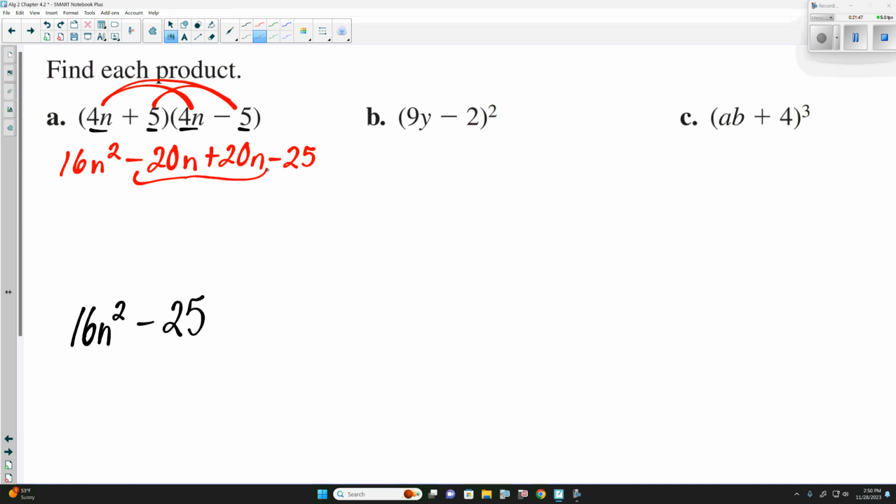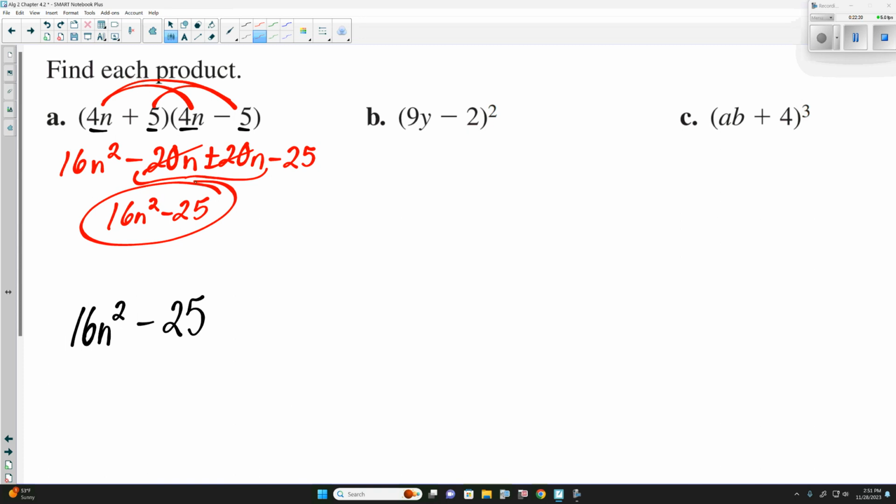Our negative 20n plus 20n would cancel, leaving us with 16n squared minus 25. Which is the same thing we got there. So it is a little bit quicker to jump to the 16n squared minus 25. But if we don't see it, it doesn't hurt us to just do it one step at a time and get there also.